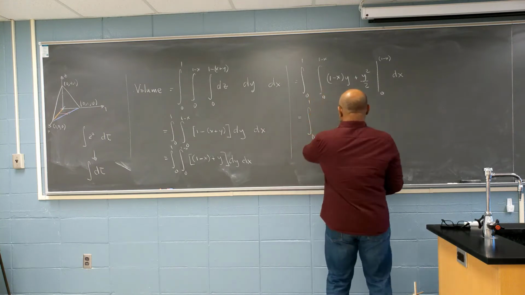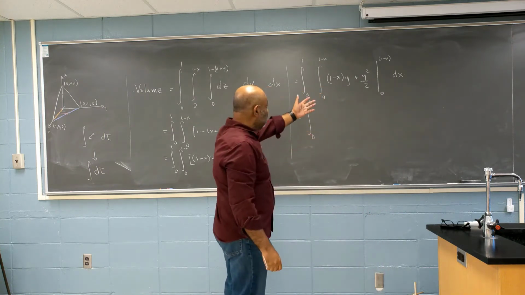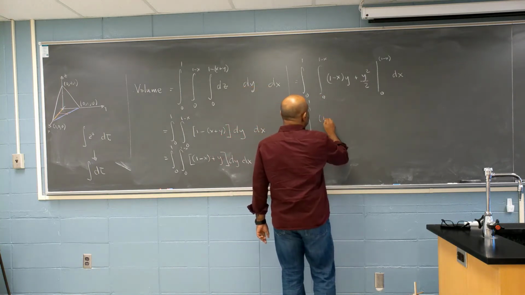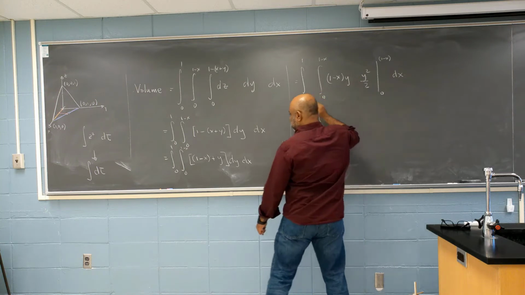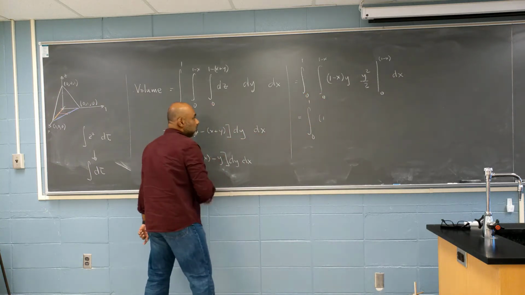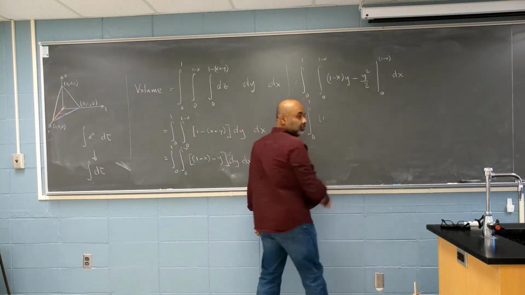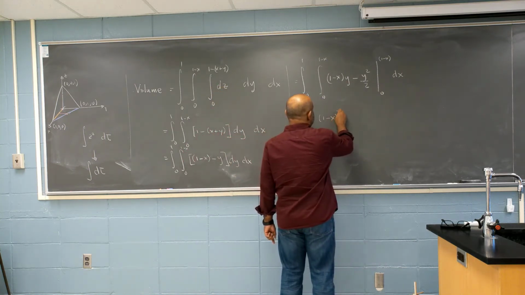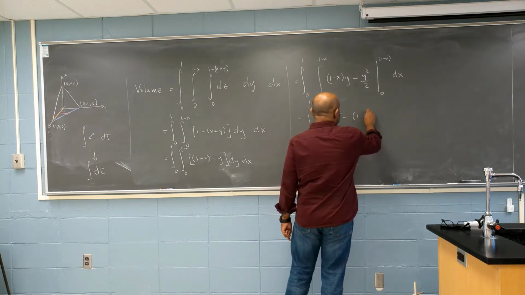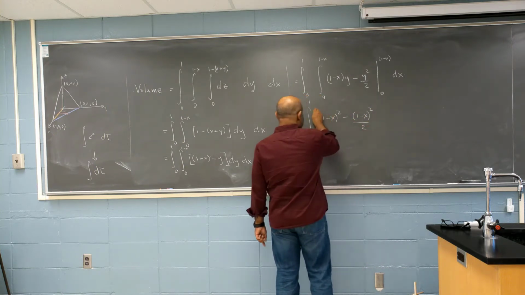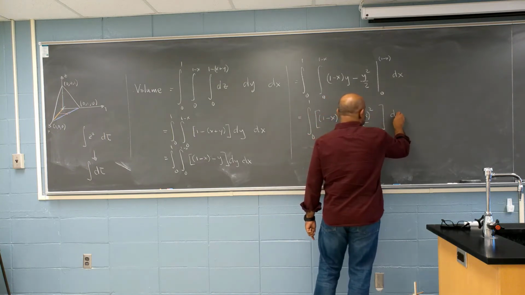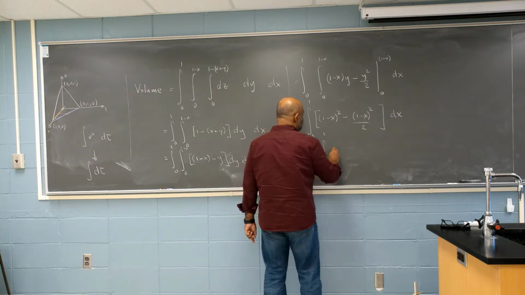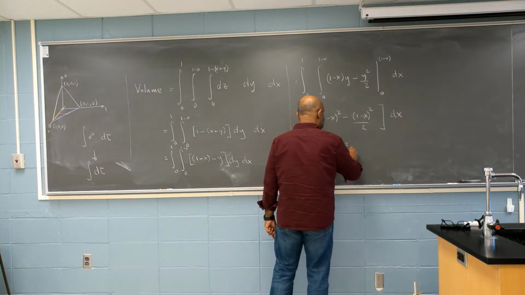Yeah, dx is the only one that remains. When y equals 0, again, the lower limit vanishes. Oh, I made a mistake. What happened over there? I think you missed it. Good, good. 1 minus x squared minus 1 minus x squared over 2, dx. And that's 1/2 the integral from 0 to 1 of 1 minus x squared dx.